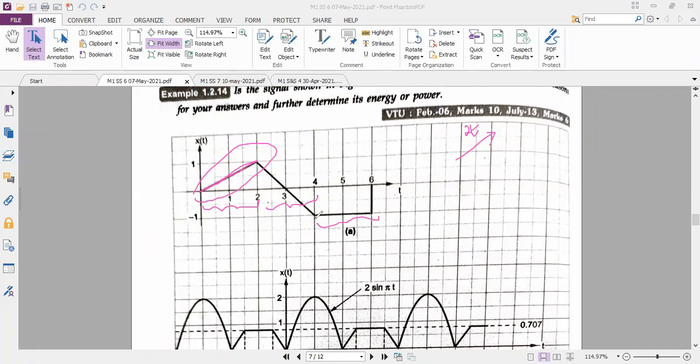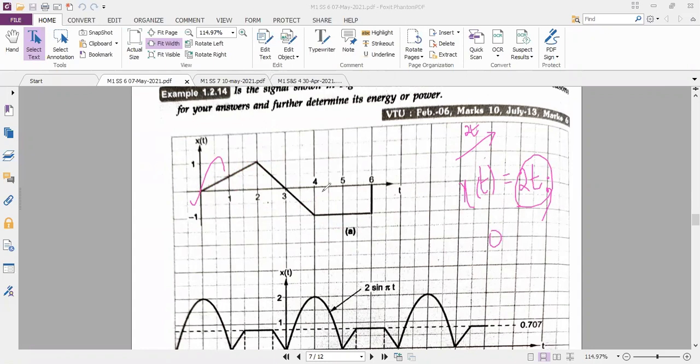But since it is a rising signal, if I take x of t is equal to 2t directly, will I get the answer as per the diagram between 0 and 2? Let me substitute. If t is equal to 0, I get x of t as 0, so this portion is correct.